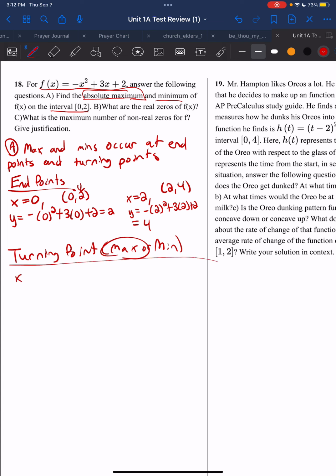So now I have the different points, my three different points: my endpoints and my turning point. So the absolute maximum is talking about the highest y value.